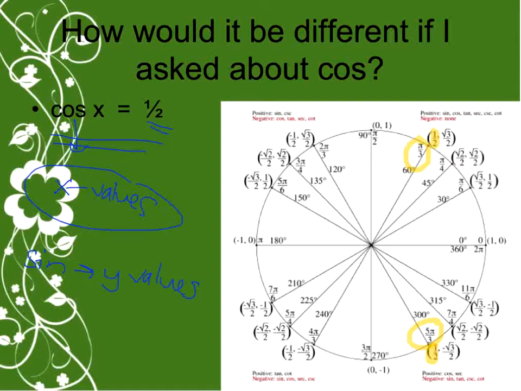They call them solution sets since it is more than one correct answer. So my two reference angles this time, I have a pi over 3 and I have a 5 pi over 3. So to write all of my possible coterminal angles to these, I'm going to add a plus or minus 2 pi n.